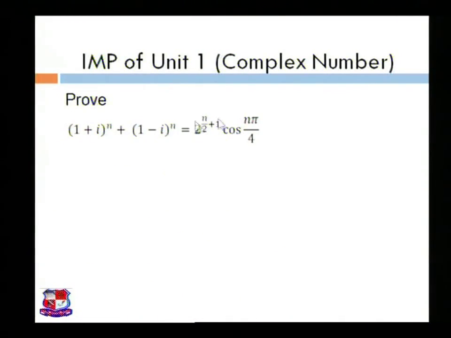Next question: prove that (1 + i)^n + (1 - i)^n is equal to 2^(n/2 + 1) cos(nπ/4). Now we write down our question first.